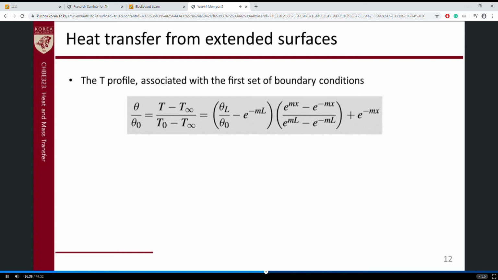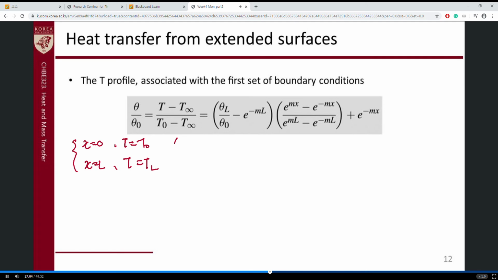So this is the final solution for the first set of boundary conditions. So what was the first boundary condition? You guys remember? When x equals 0, T equals T0. When x is L, T becomes TL, right?